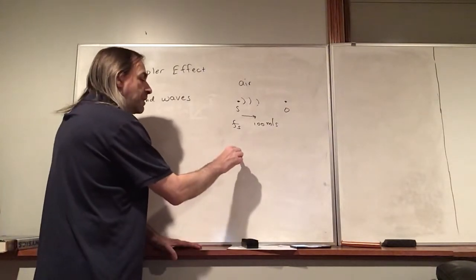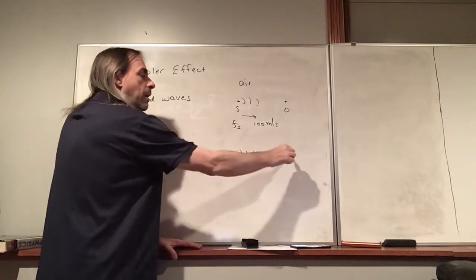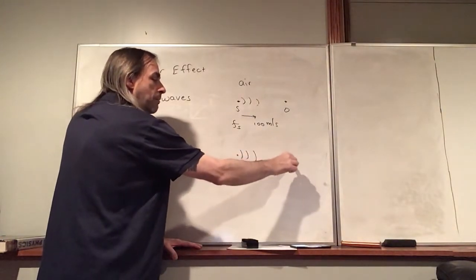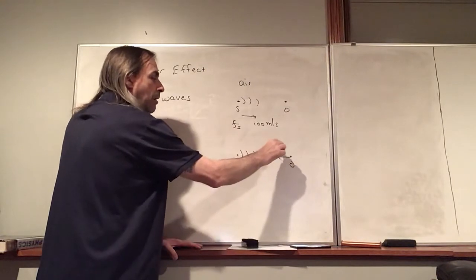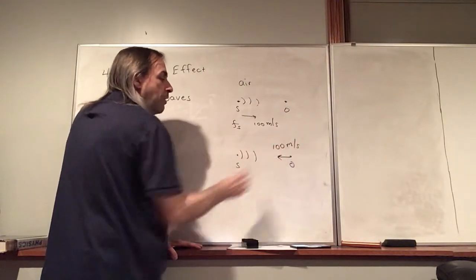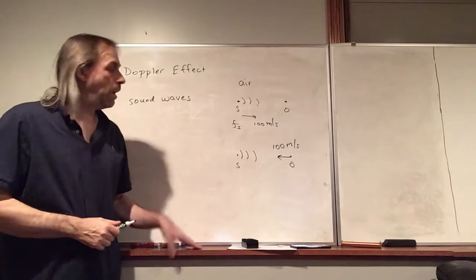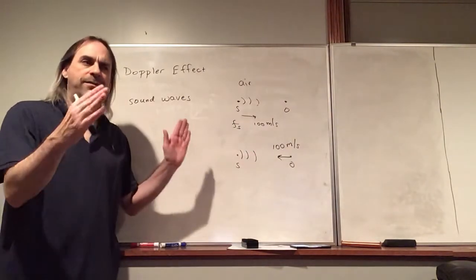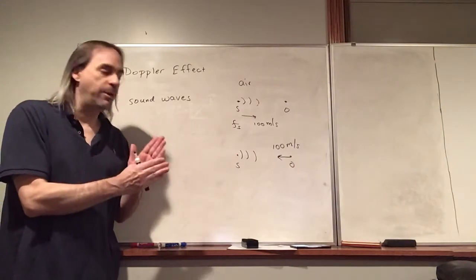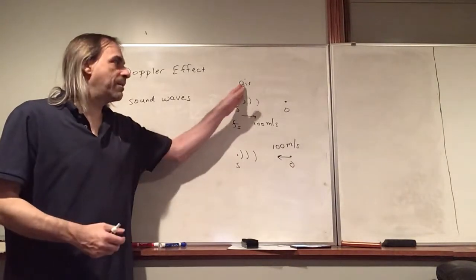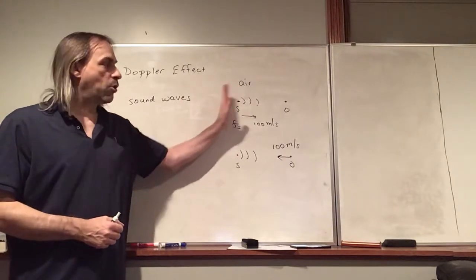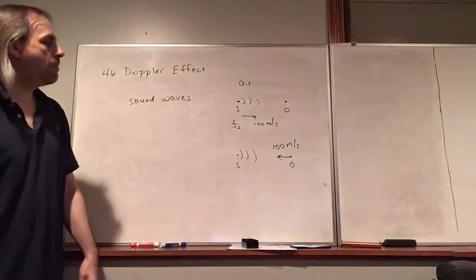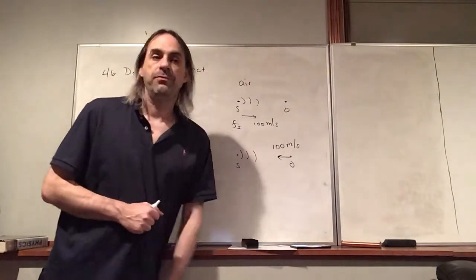On the other hand, if you have a stationary source, and the observer is moving towards the source at 100 meters per second, you'll get different results. Even though they have the same relative velocity with respect to each other, there's this third frame involved, which is air. The source moving through the air is different than the observer moving through the air. So we ended up with a fairly complicated formula.